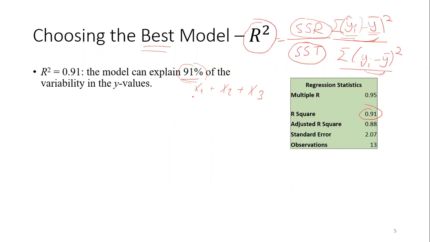Because, for example, assume you have x1, x2, and x3, and you just remove x2 and x3 from the model. And you see that only with x1, the model is able to explain, let's say, 90.5% of the variability, okay?